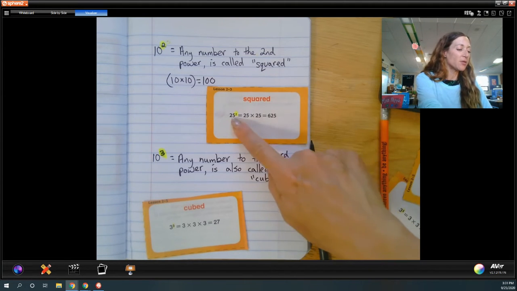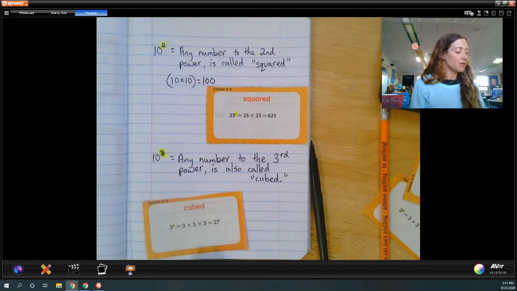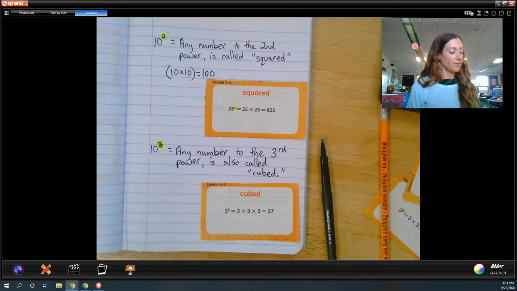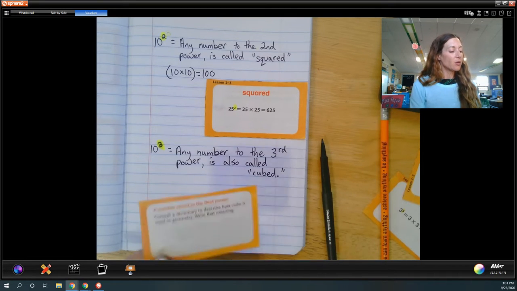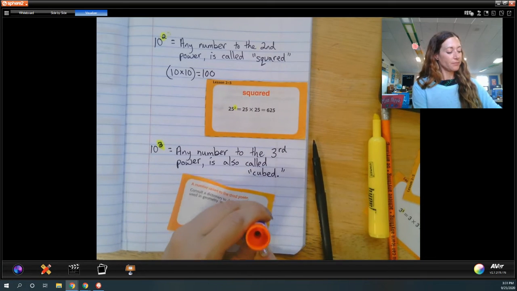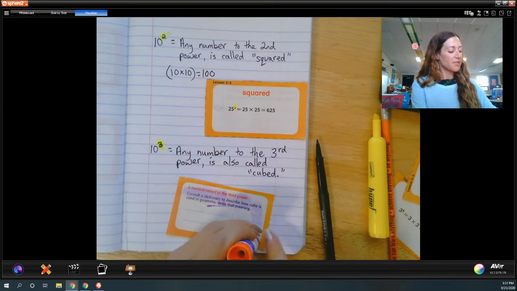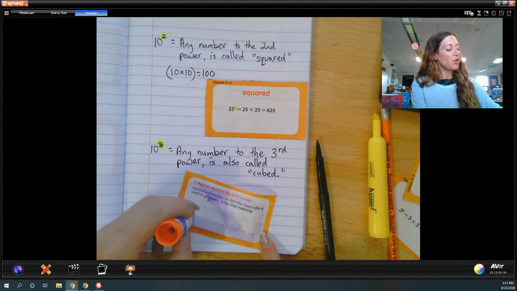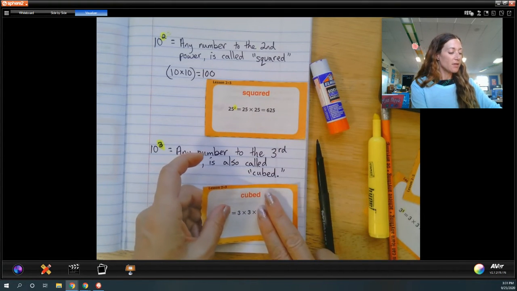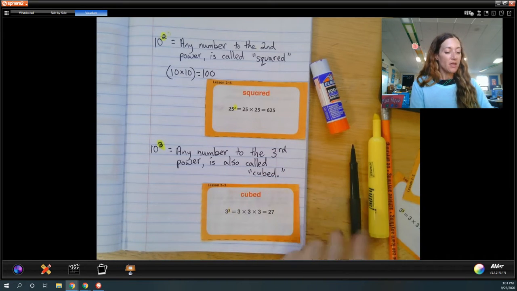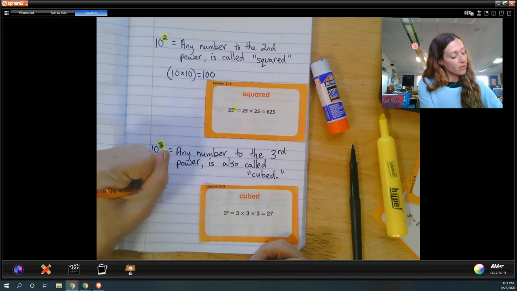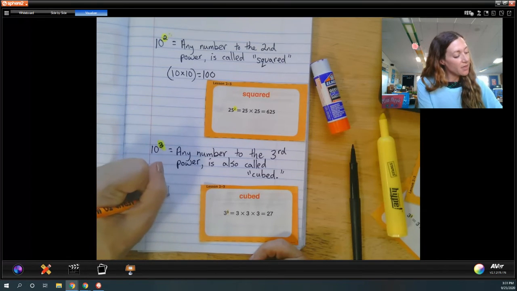If you have any number to the second power, you will call that squared. So 25 squared, 10 squared. Down here, our example is 3 cubed. So 3 cubed is 3 times 3 times 3 for a total of 27. That doesn't look like a glue stick. So we're going to glue this one in for an example of what the term cubed means. Thinking 3-dimensional helps me remember cubed, because if I'm going to draw a cube, I'm drawing it to look 3-dimensional.